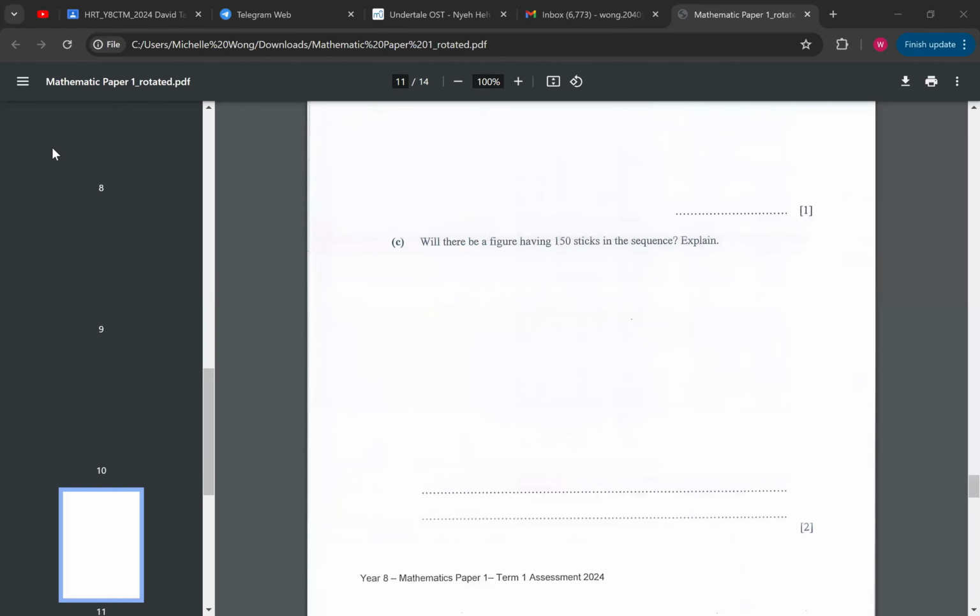C. Will there be a figure having 150 sticks in the sequence? Explain. To get this, you must take the nth term equal to 150 sticks. You want to find n. So 150 minus 1, you get 149, because the positive 1 moves over and becomes negative. And then because here is times, you divide. So 149 divided by 5, and it will be 29.8.